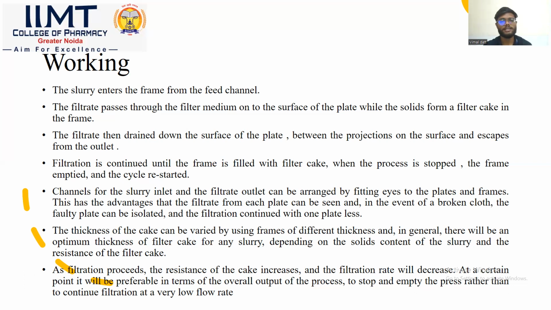The thickness of the cake can be varied by using frames of different thickness, and in general, there will be an optimum thickness of filter cake for any slurry depending on the solid content of the slurry and the resistance of the filter cake.